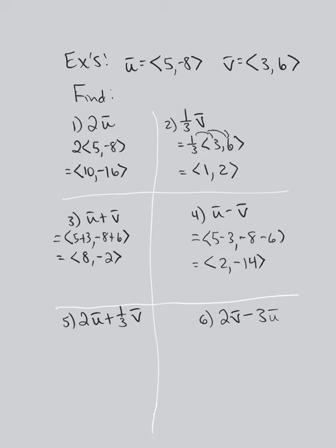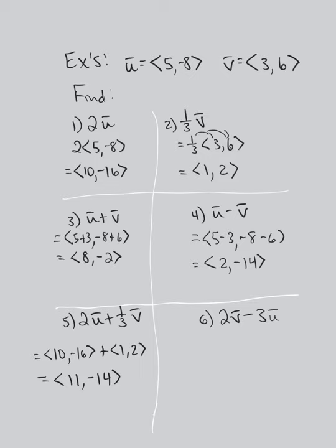One thing I could do is compute 2u, then compute 1/3 v, and add them together. Make sure you realize that's problems 1 and 2, though. We already know 2u is 10, -16, and I add that to 1/3 v, which was 1, 2. If I add the x coordinates together, I get 11. If I add the y coordinates together, I get -14.